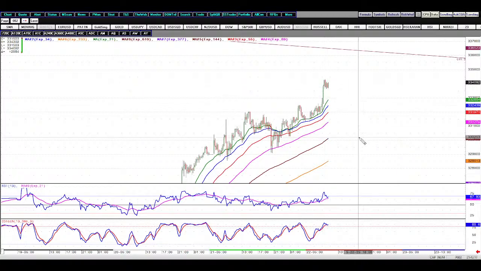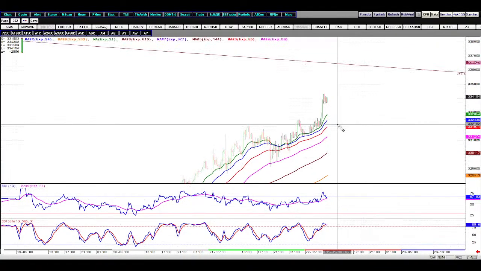Okay, maybe before I go off, I think we're only holding one trade, and I'm holding two. I'm holding Hang Seng.